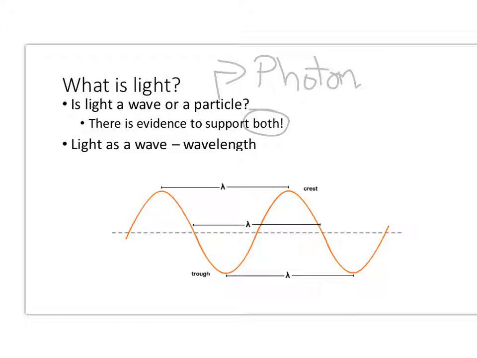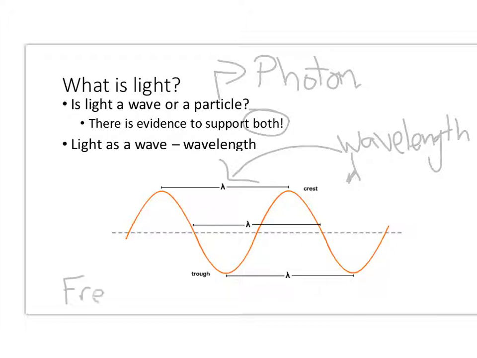Now, when light acts like a wave, we have to look at it in a certain way with certain characteristics. When it's a wave, we have things like the wavelength, and lambda is the Greek letter symbol for wavelength. We also have something called frequency.